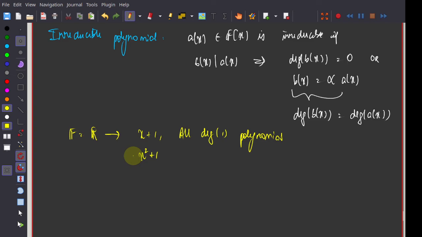Yeah. X power 4 plus 1. Are you sure? What can you say about the roots of any degree 4 polynomial? What is any degree polynomial? The roots are real or they're complex? If they are complex, what happens?